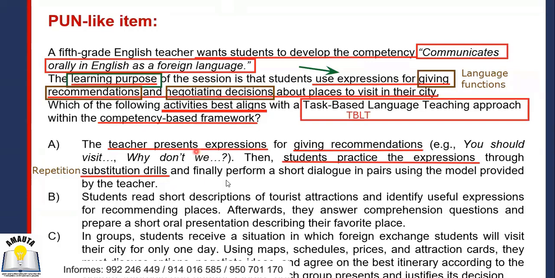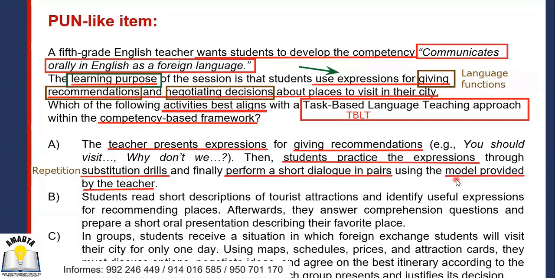After the students practice the expressions through substitution drills, they perform a short dialogue in pairs using the model provided. So the teacher provides a conversation, a dialogue, and students use this model.